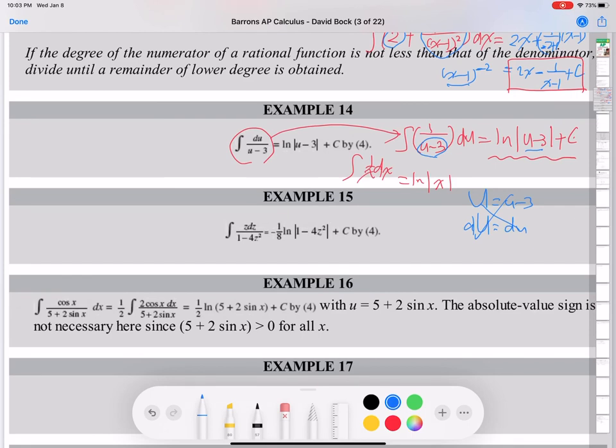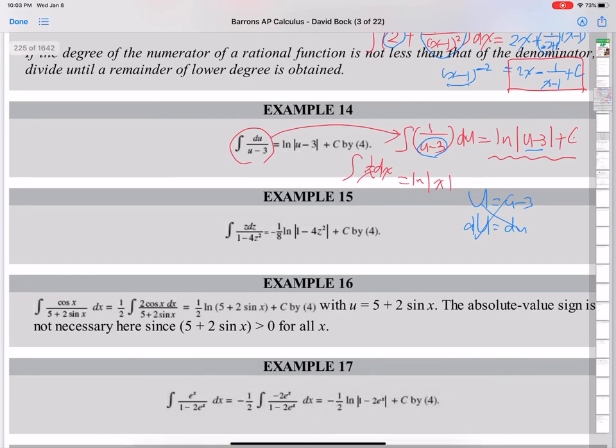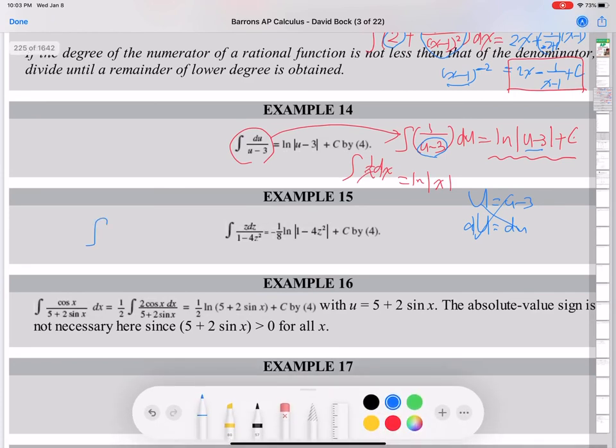Okay, number 15. Integral of z over (1 minus 4z squared). I'm going to let the bottom part be u, times 1 over u prime, which is -8z, du. That makes sense, right? dx is always 1 over u prime du, dz in this case, right? So this part is gone.